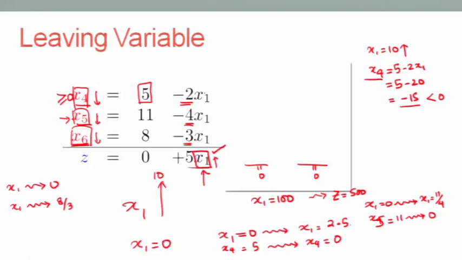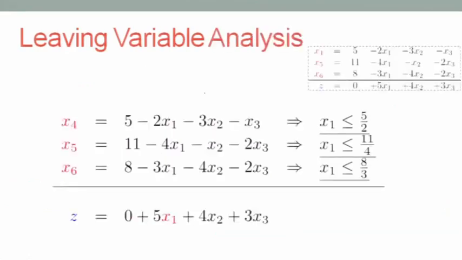Okay, so the question is, which one becomes negative the fastest? Okay, and when you find that out, you have also found the variable that has to leave. Alright, so let's look at this. So if you look at this, then you say, well, if x1 is increasing, that's our choice of entering variable.